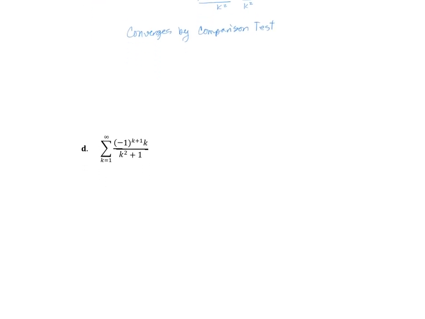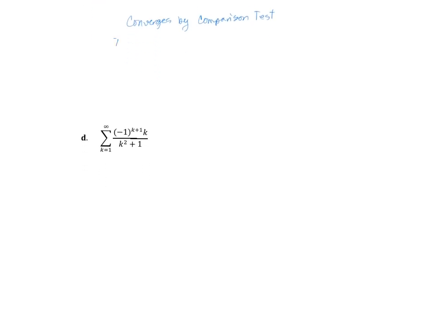So I can conclude that the series converges absolutely. We've shown that the absolute value of the series converged by the comparison test. So if the absolute value of the series converges, then the series itself converges absolutely.